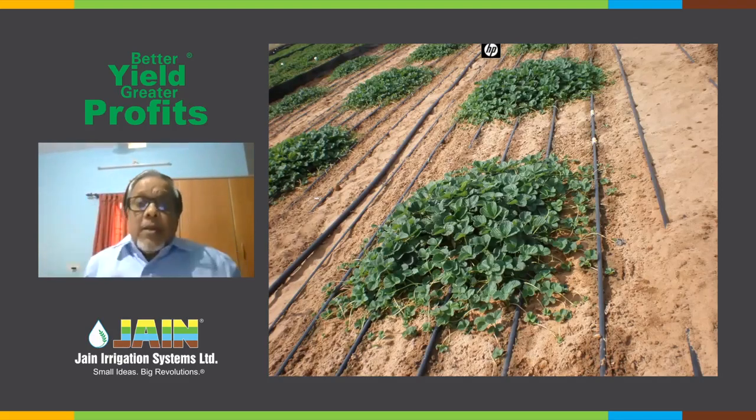That's a must, but not what you see in the picture. So this directly goes to the cost of the system. So it is very important. Forget about all other aspects. Because it is affecting the cost of the system, the technology extension of drip irrigation becomes difficult.